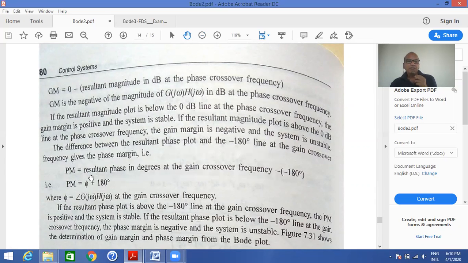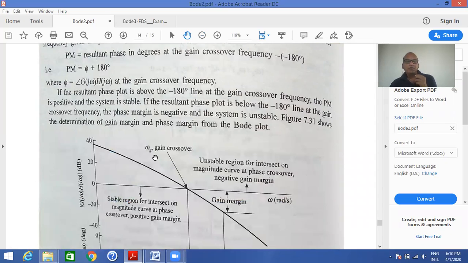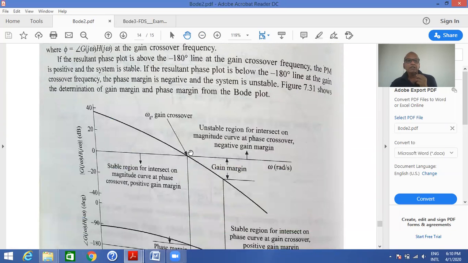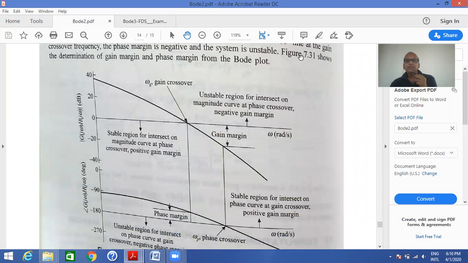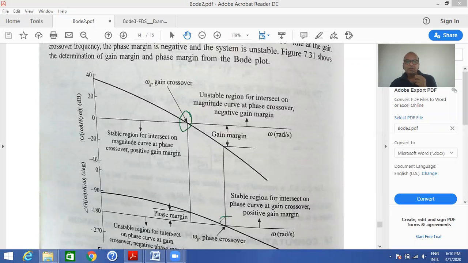This is the GM and then PM. Here we have the gain crossover frequency, and this is the phase crossover frequency. The gain crossover frequency crosses the zero dB line, and the phase crossover frequency crosses the minus 180 degrees phase.